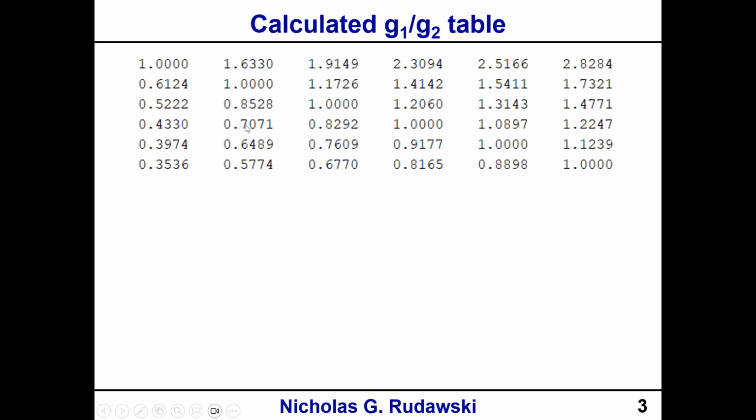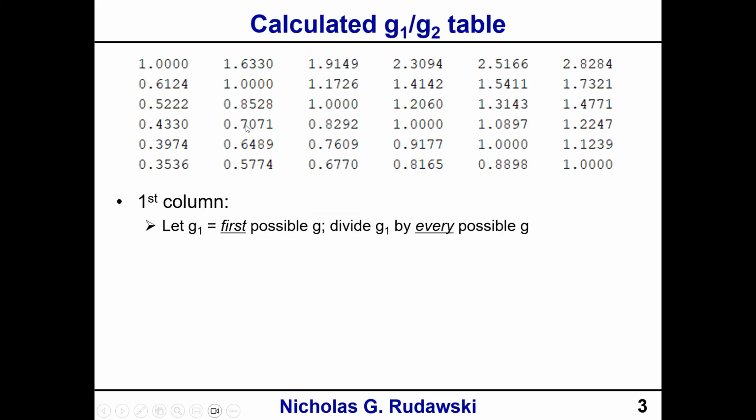So then if we go to the second column, we're now assuming that G1 is the second G vector in the allowable list of G vectors, and we're doing the same thing.